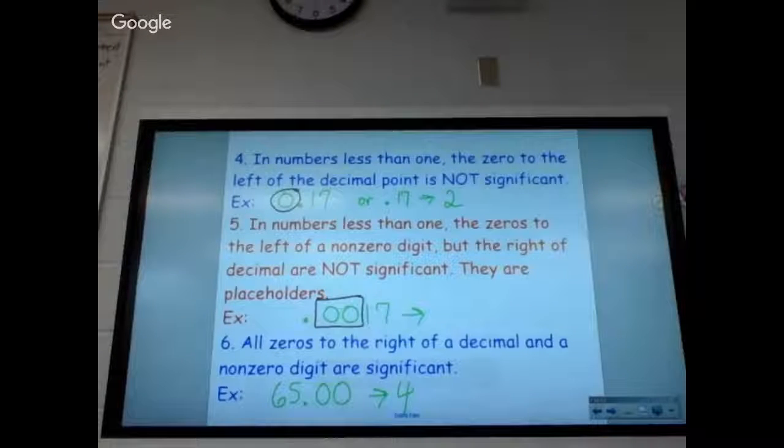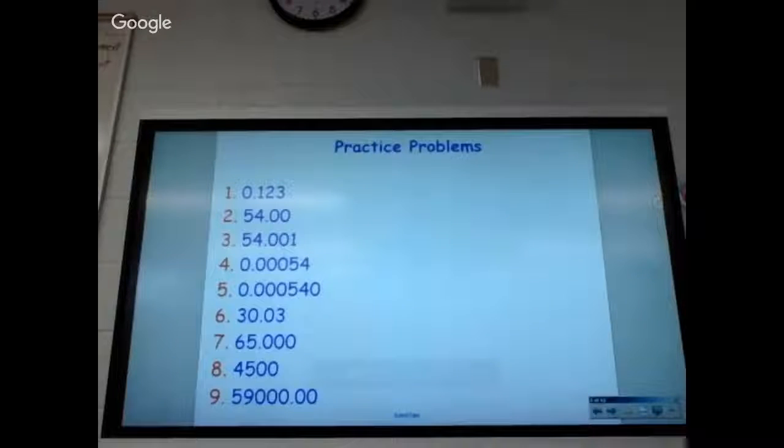All right, can we try some practice? Now, I want you to see if you can figure out how many significant digits there are in each of those. See what you can do, and then we're going to talk about it.